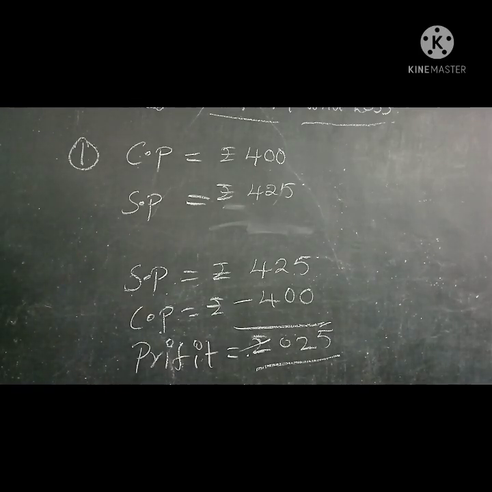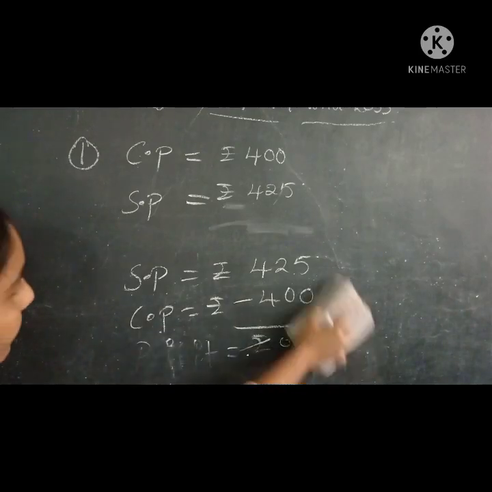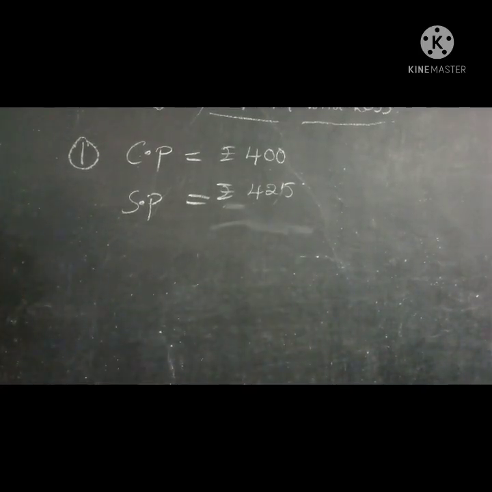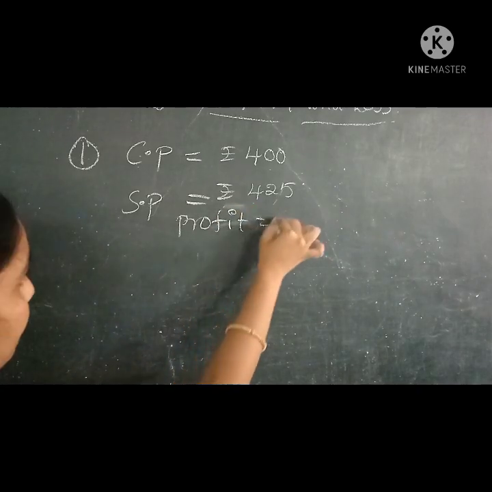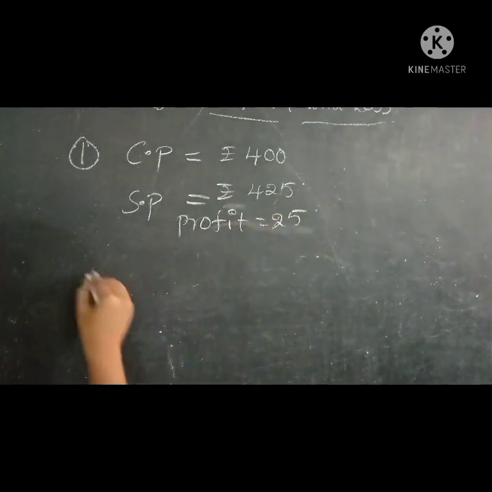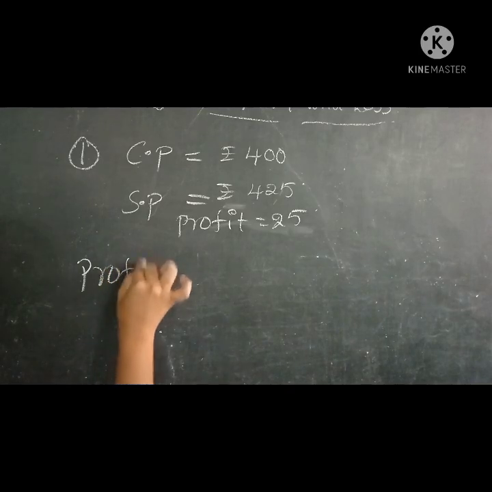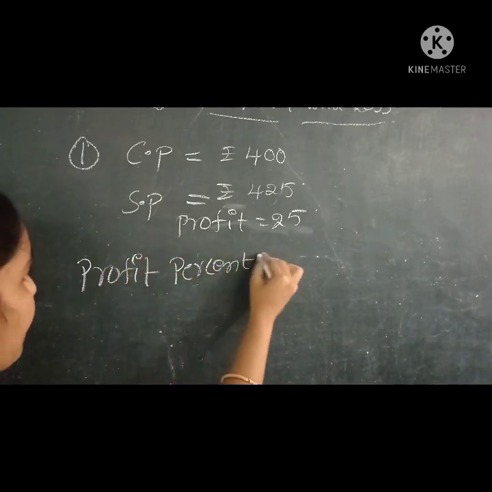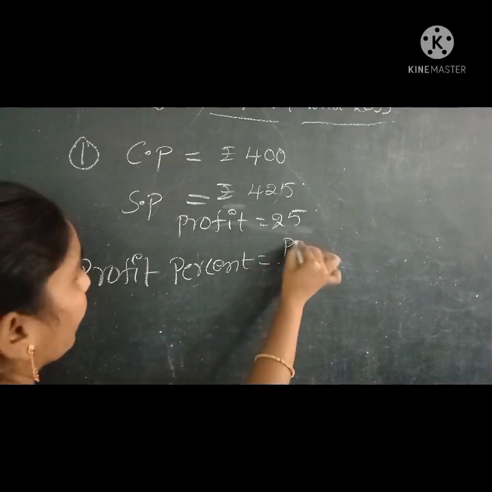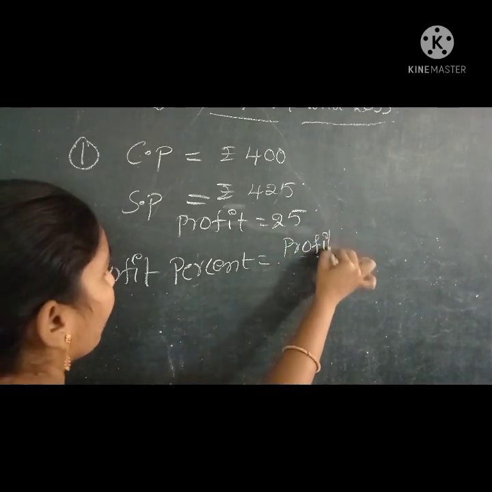So here we have to find out the profit percent. Profit is equal to 25 rupees. So profit percent is equal to profit by, what is the formula?